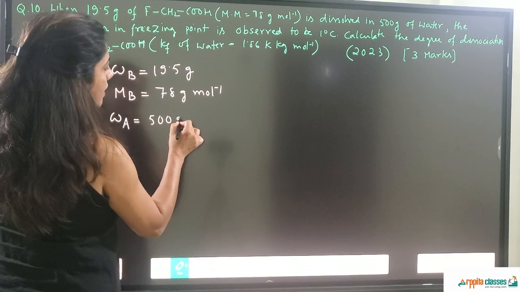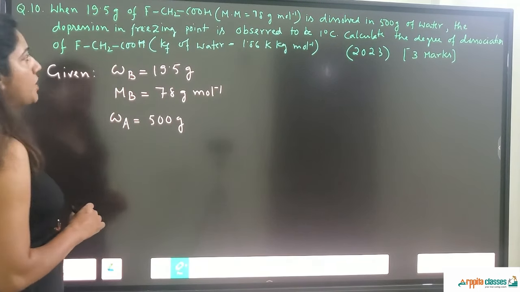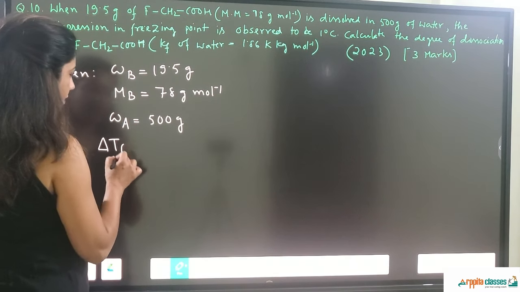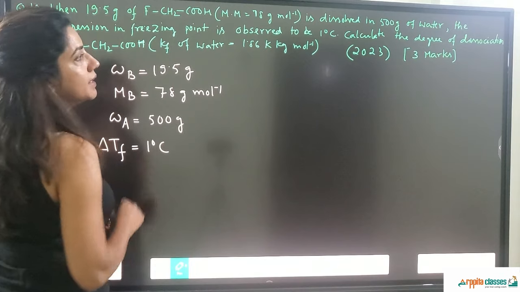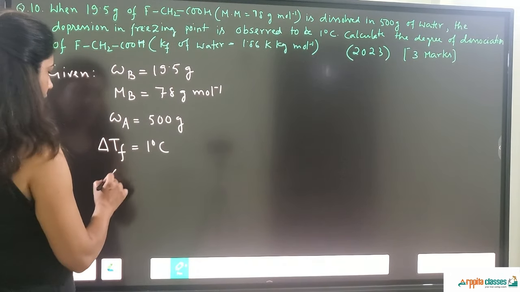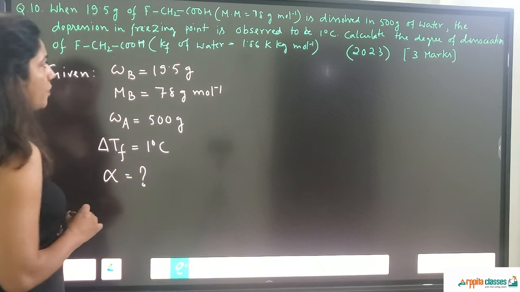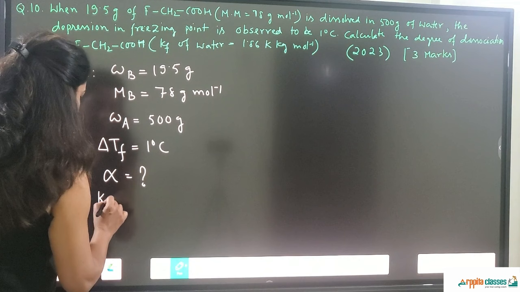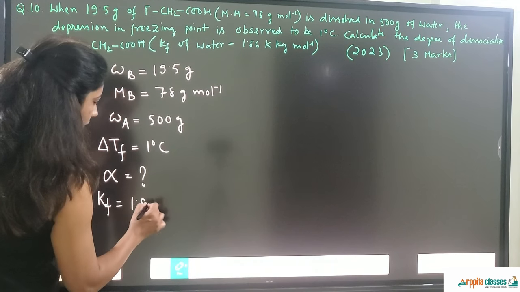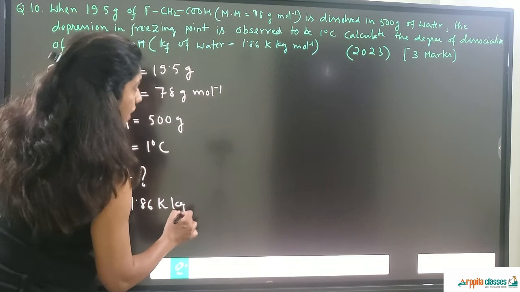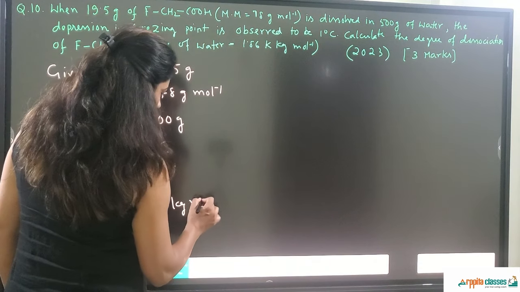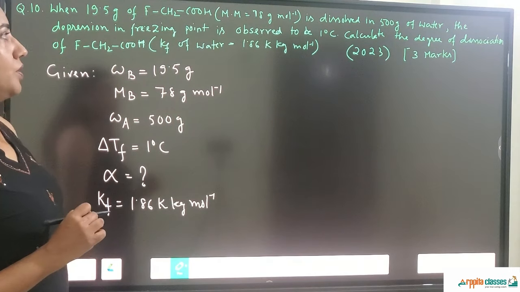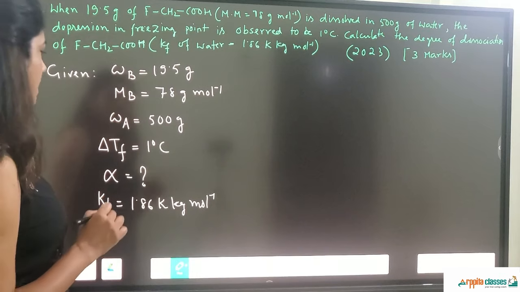The depression in freezing point is observed to be 1 degree Celsius, so delta TF is equal to 1 degree Celsius. Calculate the degree of dissociation, that is alpha, of the solute, which you have to find out. Kf of water is equal to 1.86 Kelvin kg per mole. The question has come in 2023 as I told.